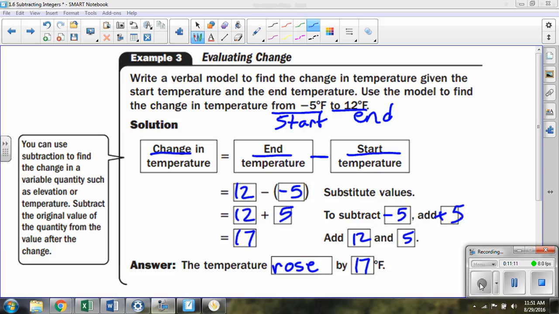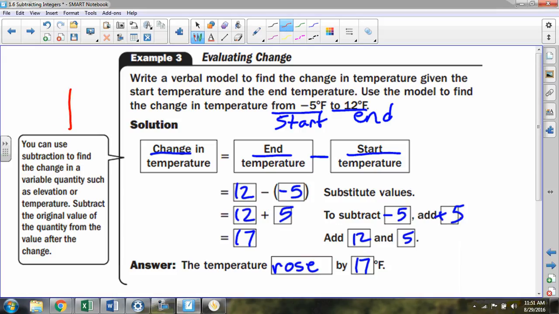I'd also like to note, make sure you take a quick look at the comment on the left. This process of change, ending, and starting does not apply only to temperature. It's elevation, it's time, it's money, it's everything. From beginning to end, it will always work with subtraction.